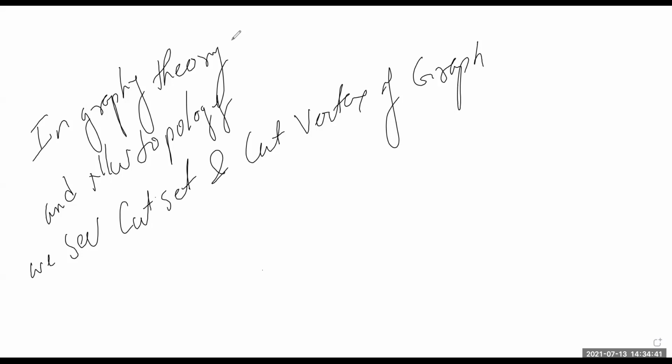There is a path between every pair of vertices. So from every vertex to any other vertex or node, there should be some path to traverse. That is called connectivity of a graph.